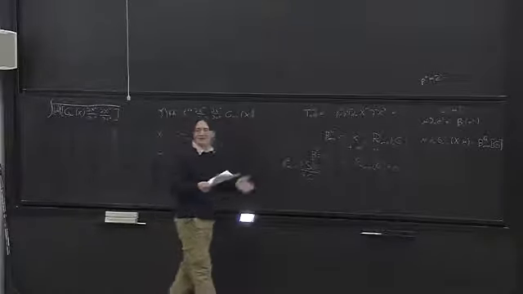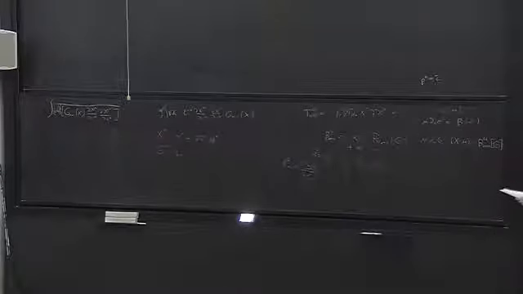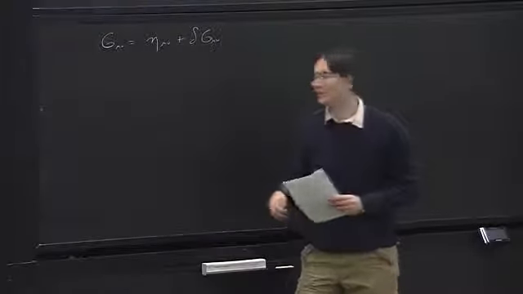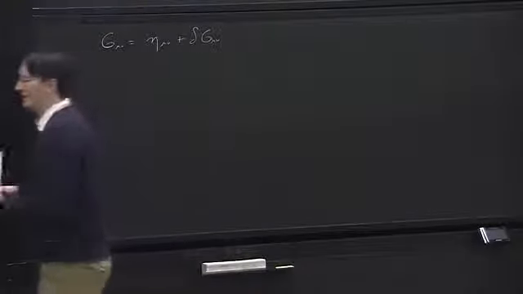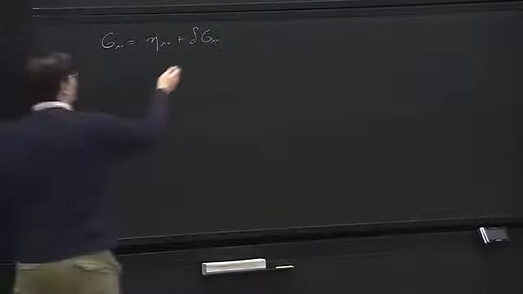Are they distinct or are they the same? So suppose I study a small fluctuation of the metric, for example. I write my G as eta plus delta G. And let's write a string theory scattering amplitude in this deformed background.